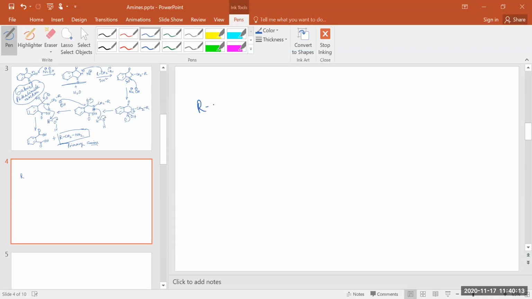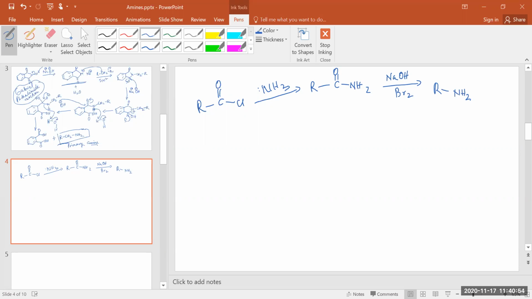If you have an acyl chloride that I showed, and react with ammonia, it will make an amide, which on reaction with a base, sodium hydroxide, and bromine, will make an amine with one carbon less. Okay, this one.